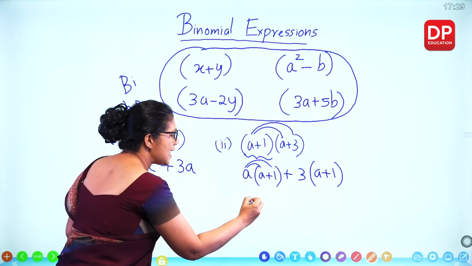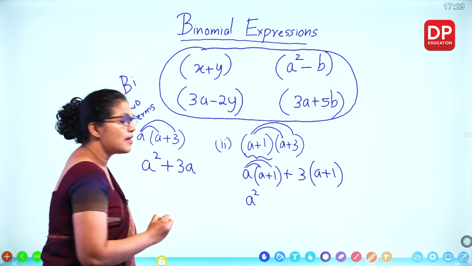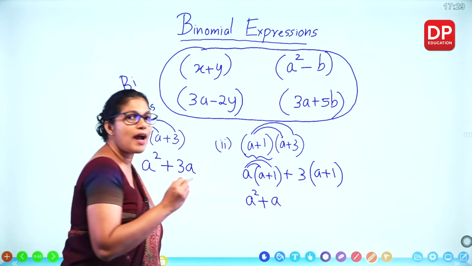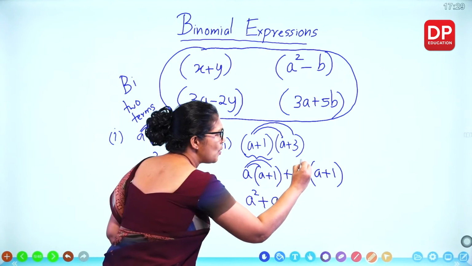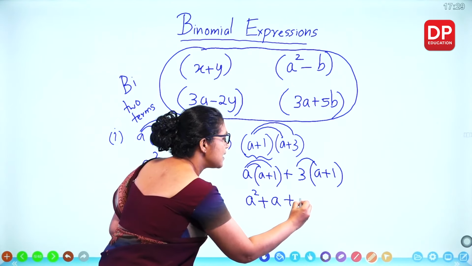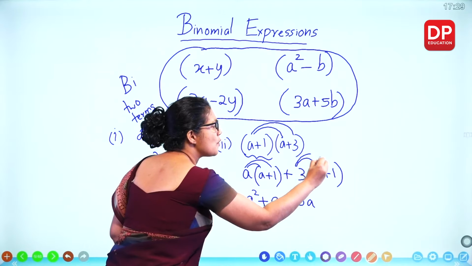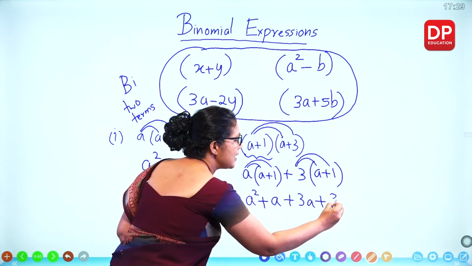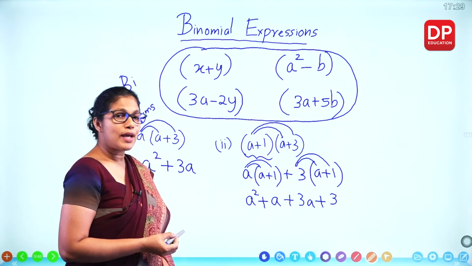So what is a times a? You get a squared. What is a times 1? Plus a. No need to write 1a. What about this one? Plus 3 times a, plus 3a. What about this one? 3 times 1, plus 3. Now see whether you can simplify.